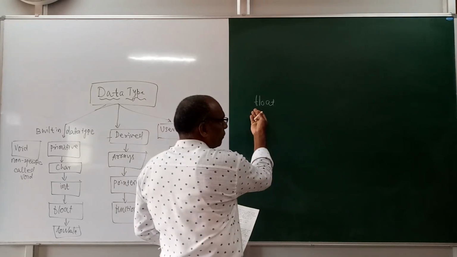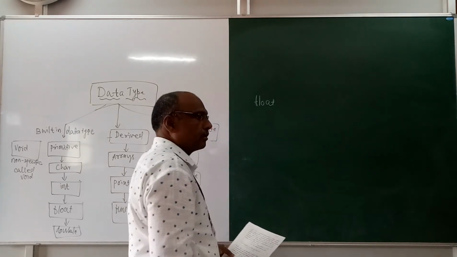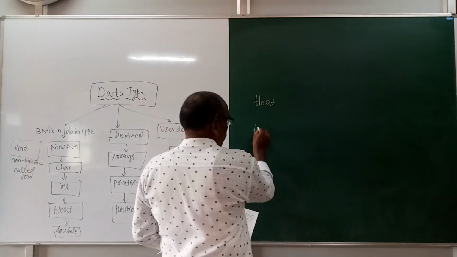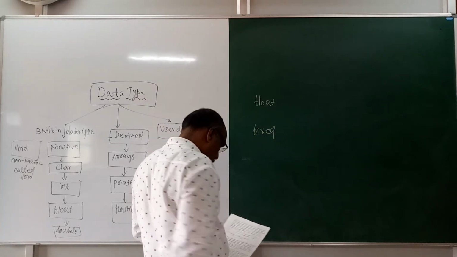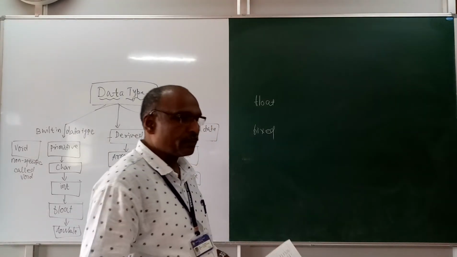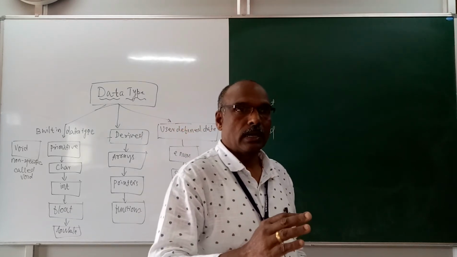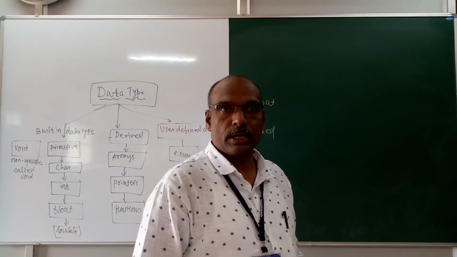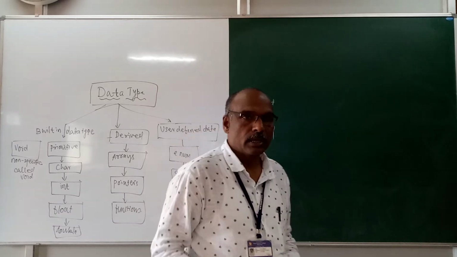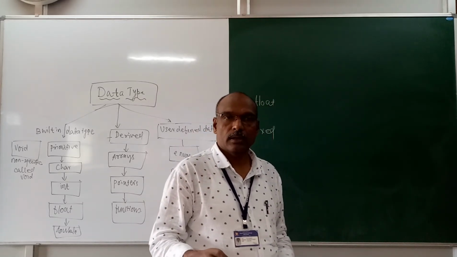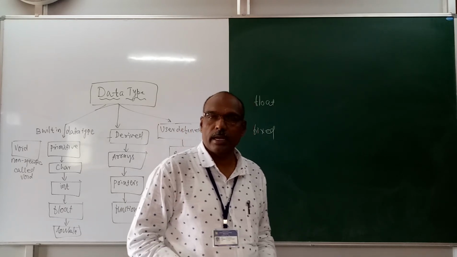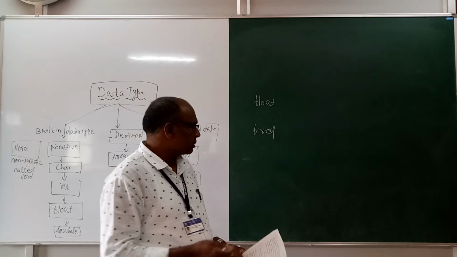These floating point numbers can be expressed either in decimal form, that is fixed, or in scientific notation, like 11 e raised to minus 3, 11 into 10 raised to minus 3. The velocity of light we write as 3 into 10 raised to 8 meter per second.